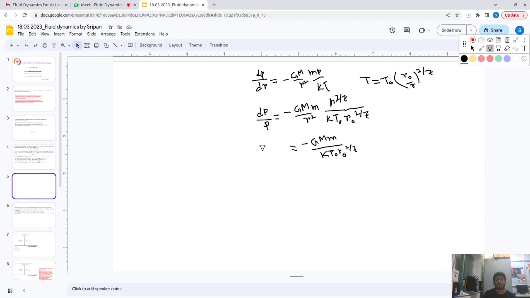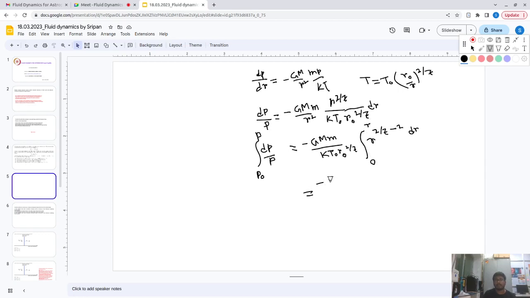So this much is constant. Now you have the integration. Let's say dP by P, with limits P_0 to P, and there is a dr here, so this is r to the power 2 by 7 minus 2, with limits from r_0 to r, right?